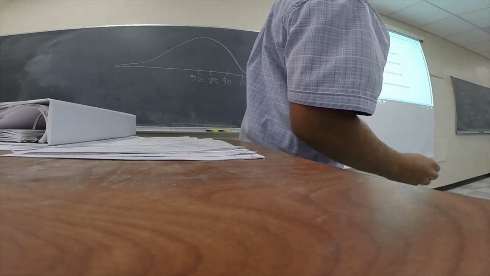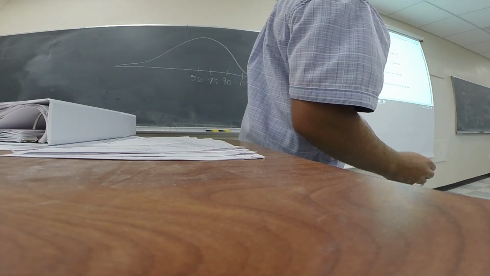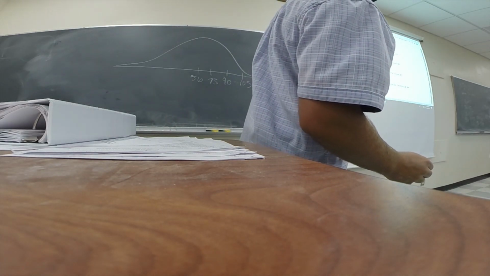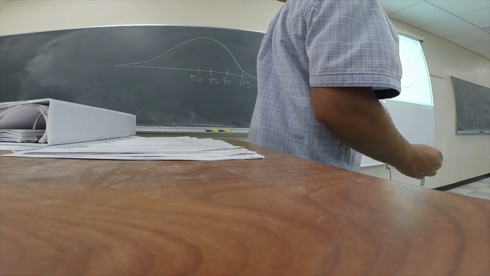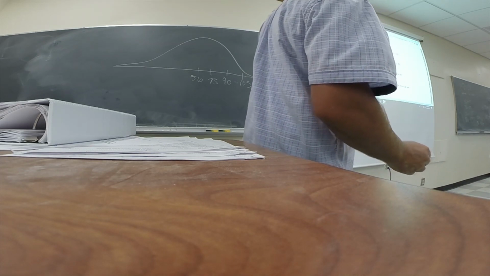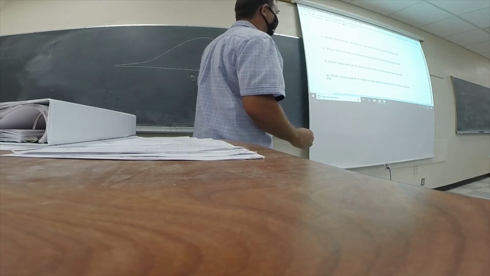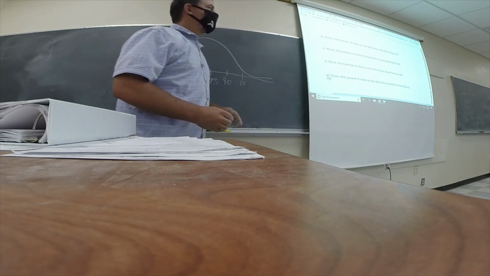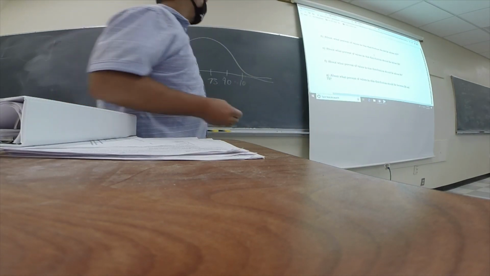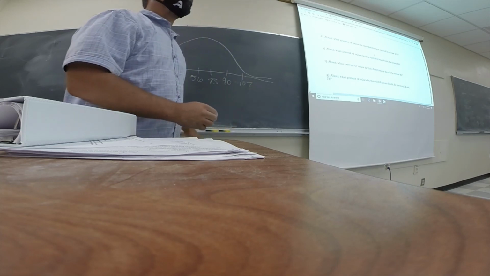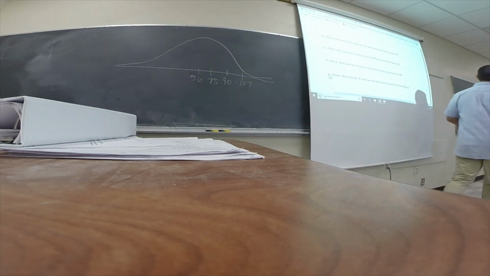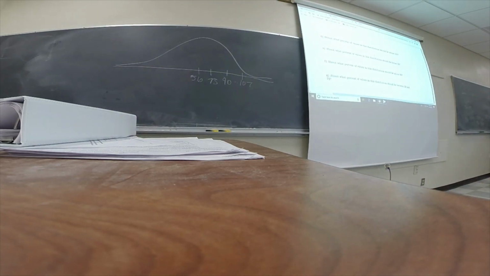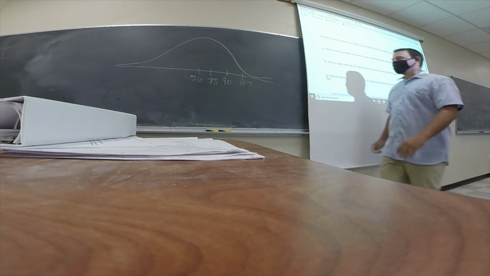Is that right? You sure? What's 90 plus 17? One of those is wrong. 107. Yeah, that's what it was.